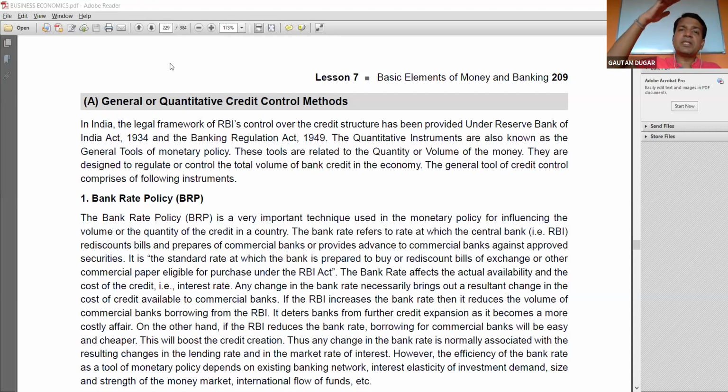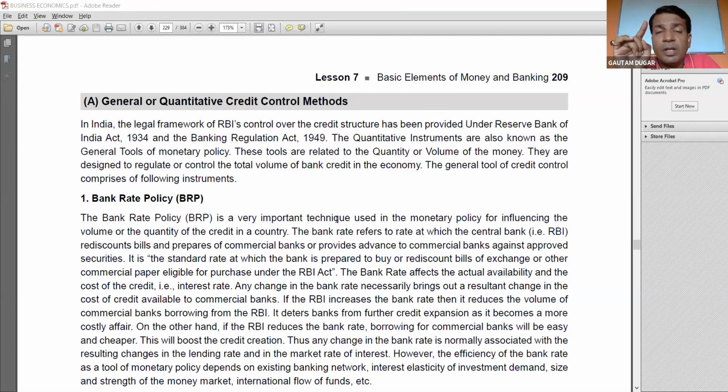Means maybe increased, maybe decreased. Through these measures, the flow of credit in the entire economy either goes up or comes down. Not in any particular sector, but for the entire economy as a whole.